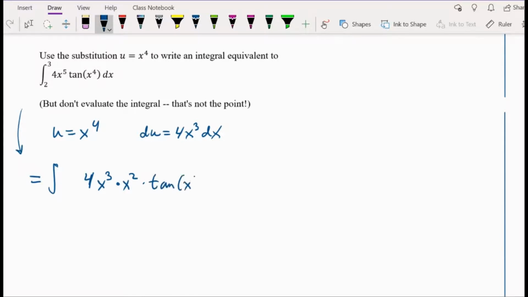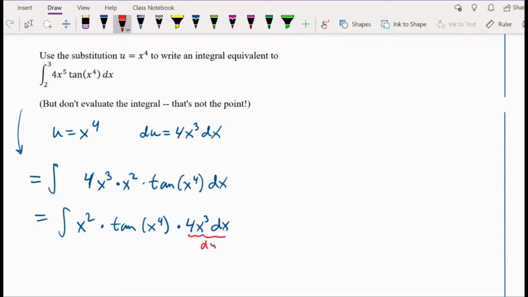Tan x to the fourth dx. All right, so I can certainly, if I just rewrite this a little bit, get x squared times tan x to the fourth times 4x cubed dx. And we readily see that this is du, and this is tangent of u. Now, what's this?